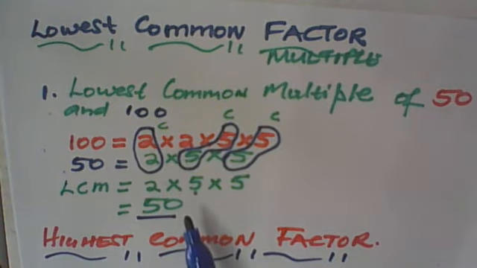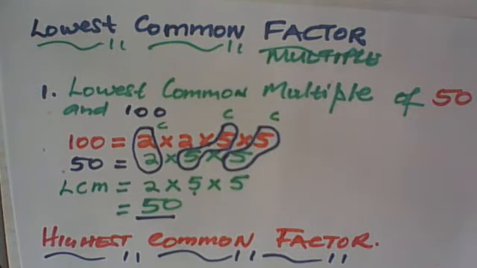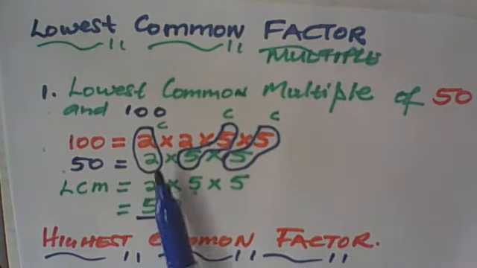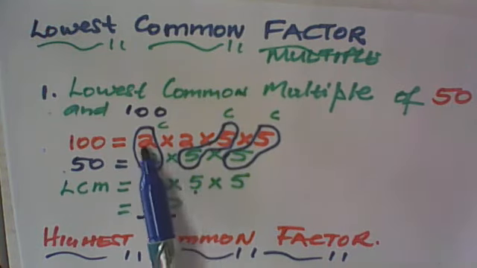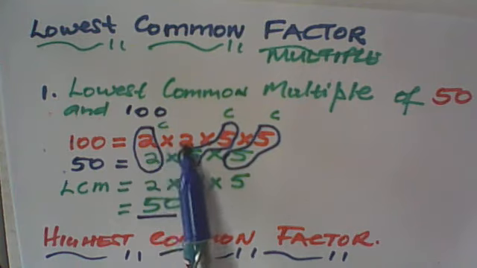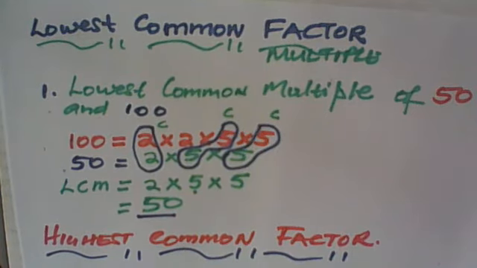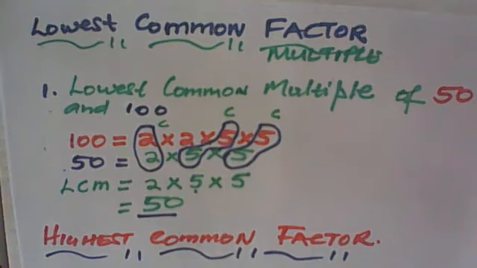That means the number must exceed other factors. We take the biggest number of factors. What factors do we have here? We have 2. How many 2's do we have here? 2. Here we have 1. What is the highest? HCF. The highest number of the 2's is 2.